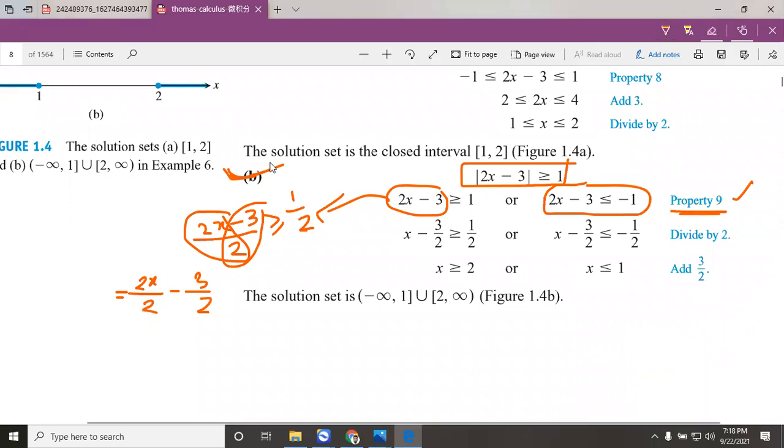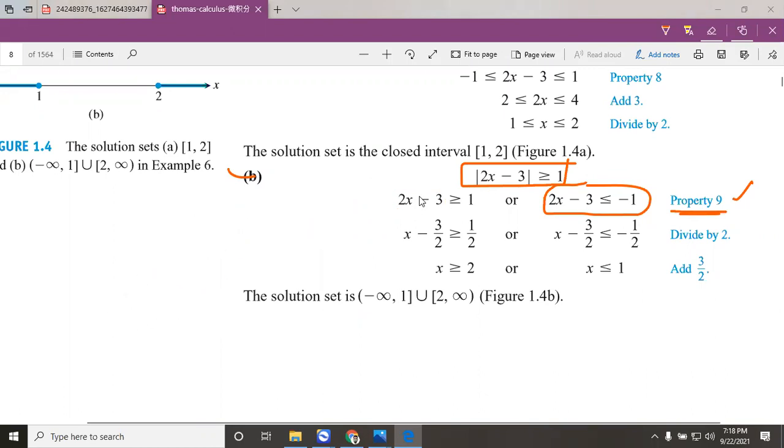Or you can think of it this way. This is a little bit complex for you guys, so let me simplify it. We can just divide by 2 here and also here and also here. So this 2 and this 2 become one, so we get only x.